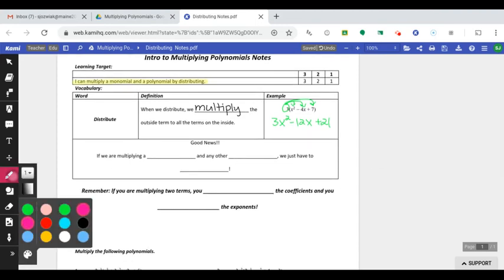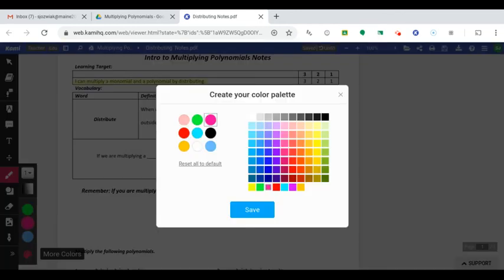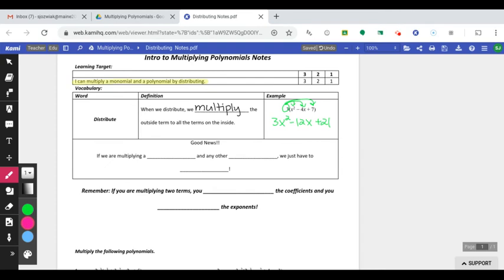What this means is that if we're multiplying a monomial and any other polynomial, we just have to distribute.